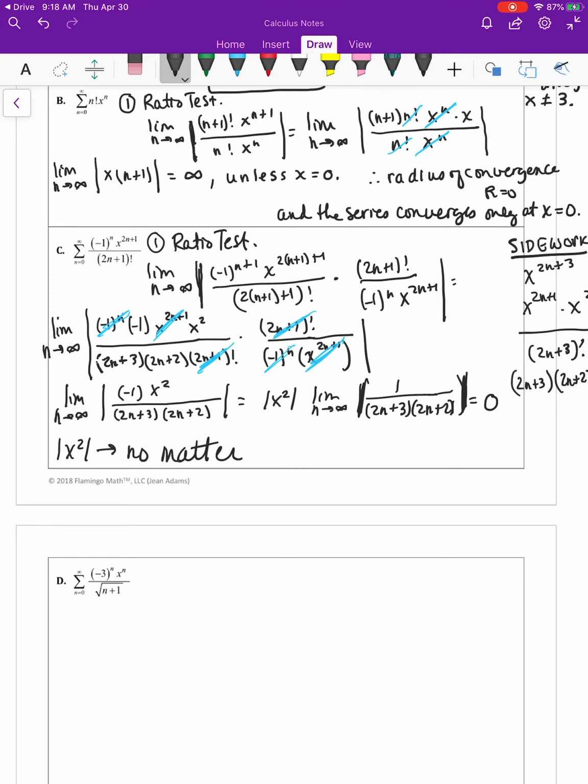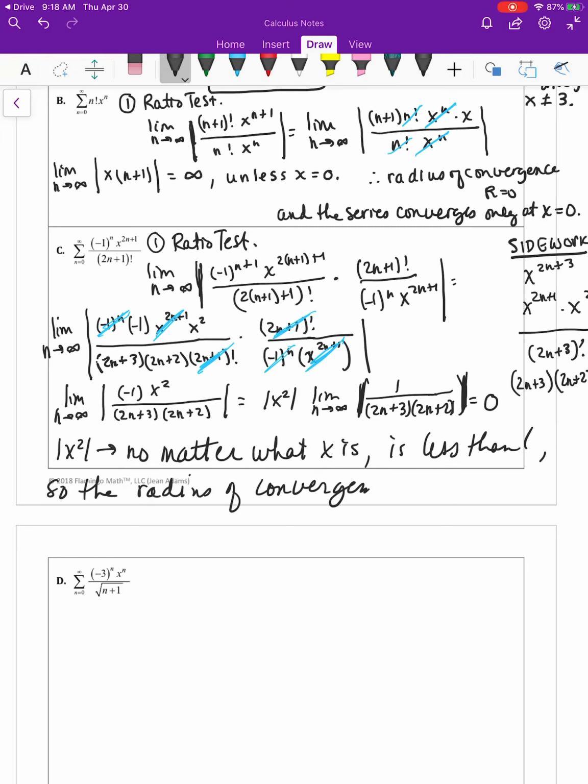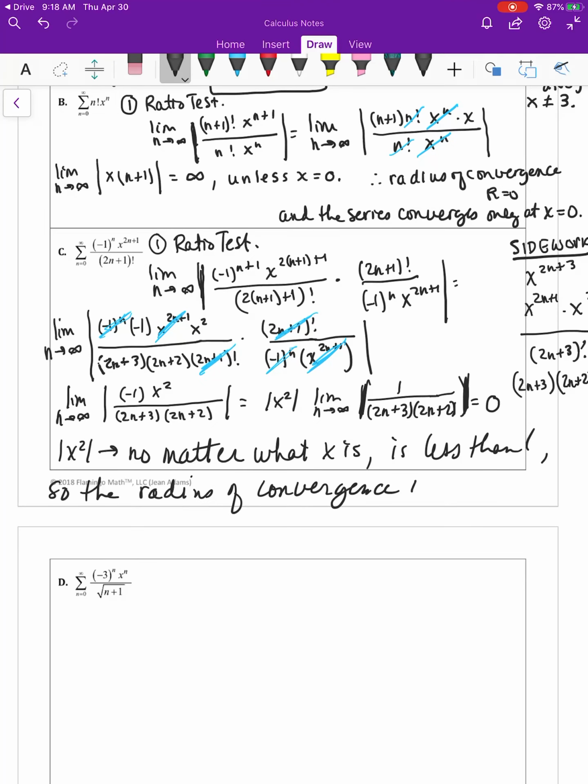So what we're going to say is that this, no matter what x is, is less than 1. So the radius of convergence is infinity.